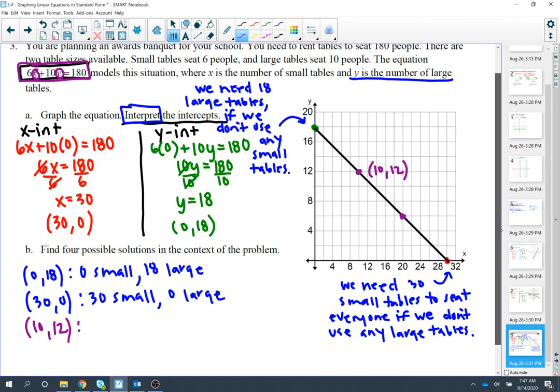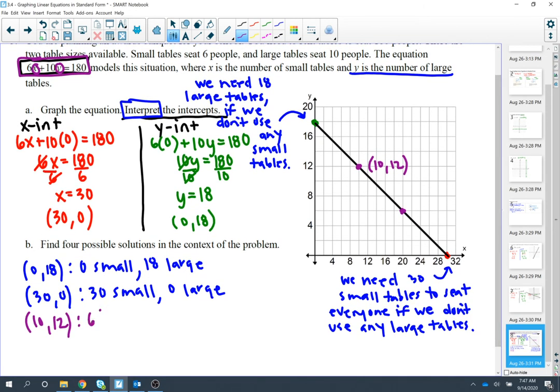So 6 times 10 plus 10 times 12. Let me grab my calculator. 6 times 10 is 60, plus 120 is 180, which is perfect, which means we need 10 small and 12 large.